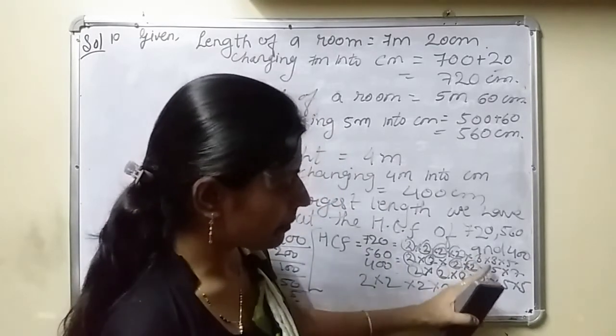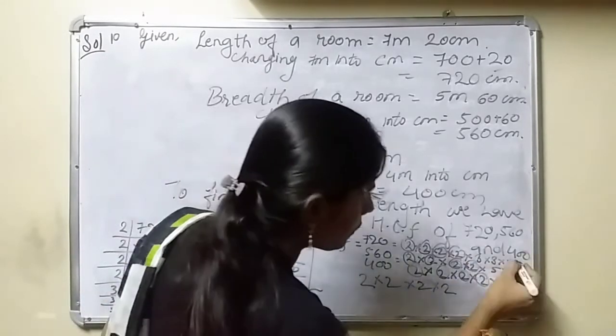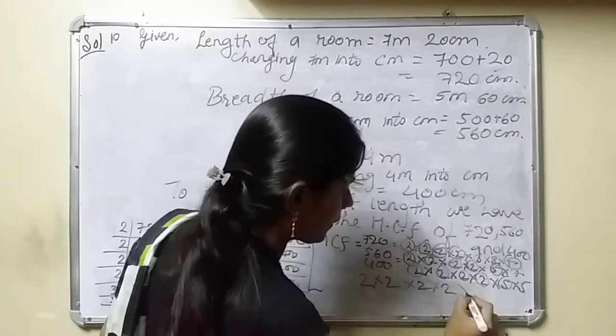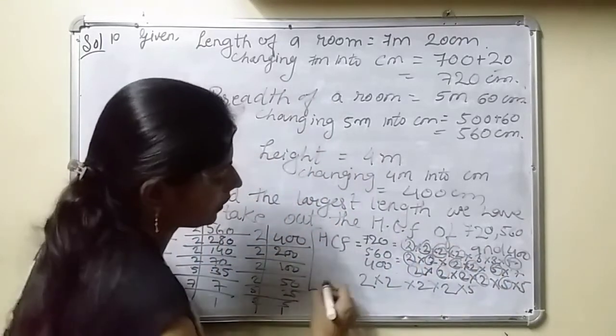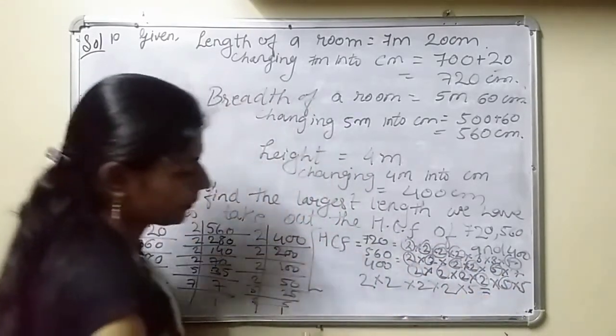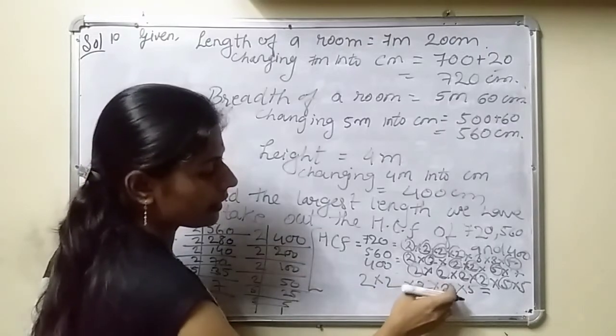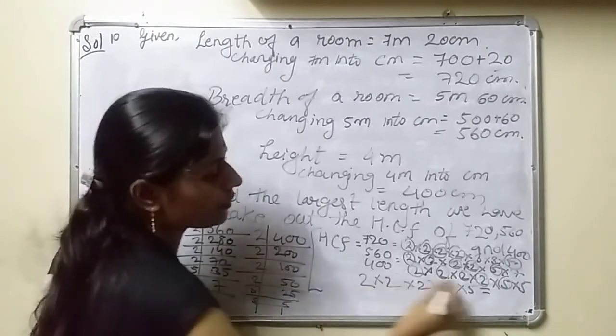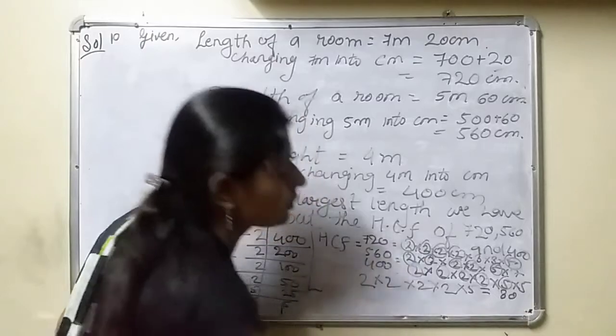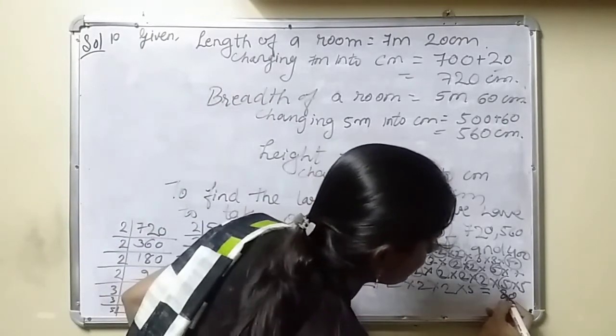Now see, 3 is there but 3 is not here. So 5, only one 5 is there. So what is the common factor you got here? 5 2s are 10, 10 2s are 20, 20 2s are 40, 40 2s are 80. Okay.